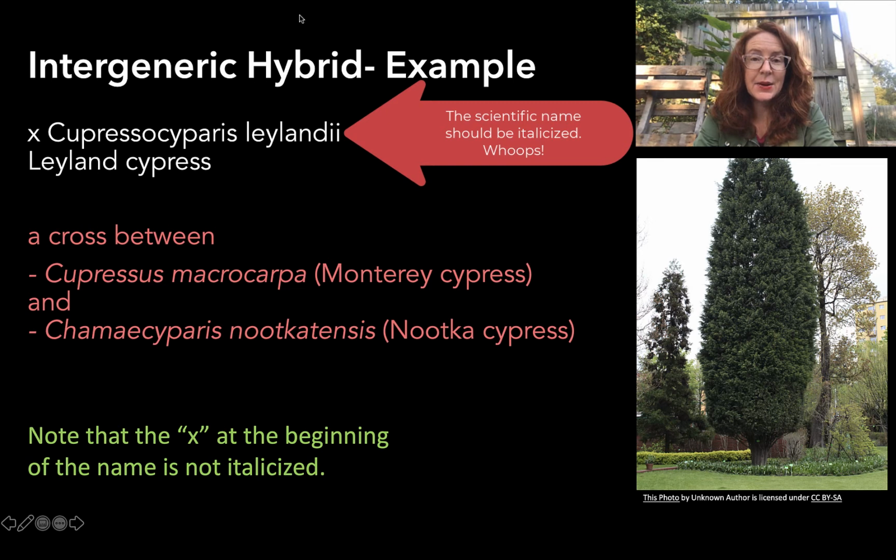So Leyland cypress is the cross between plants of two different genera: Cupressus macrocarpa, Monterey cypress, and Chamaecyparis nootkatensis, Nootka cypress. So you'll see there those two genera of these plants are different: Cupressus and Chamaecyparis. Pay attention, when we write the names of hybrids, the X in the name is never italicized or underlined.